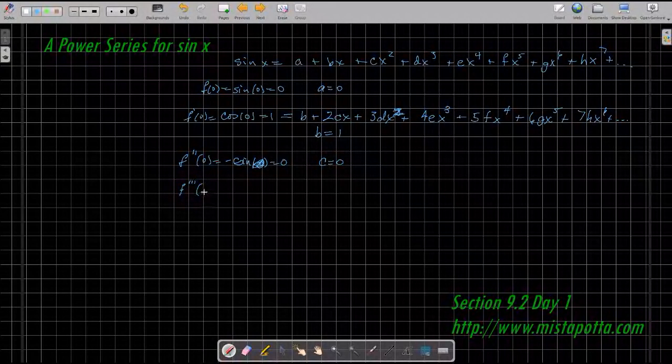If I take the third derivative at 0, that's negative cosine of 0, which is negative 1.